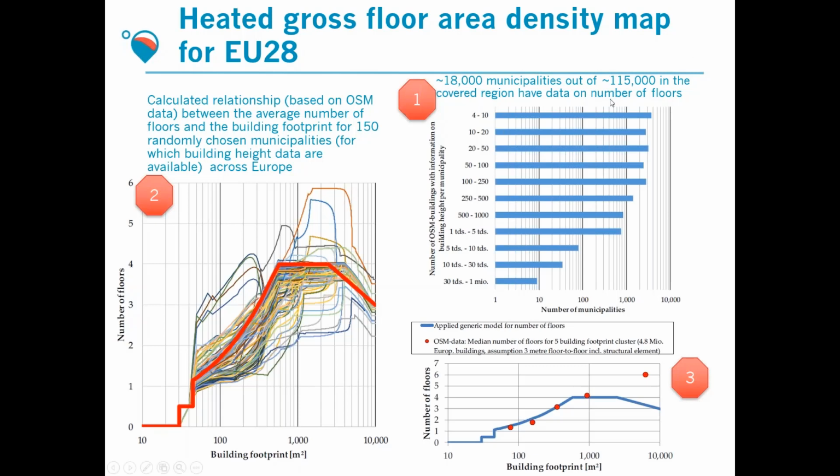So all in all, it's around 115,000 municipalities in the region that we cover in EU28, and 18,000 of them have information on a number of floors, not completely. It's a different number of entries available in these data sets.